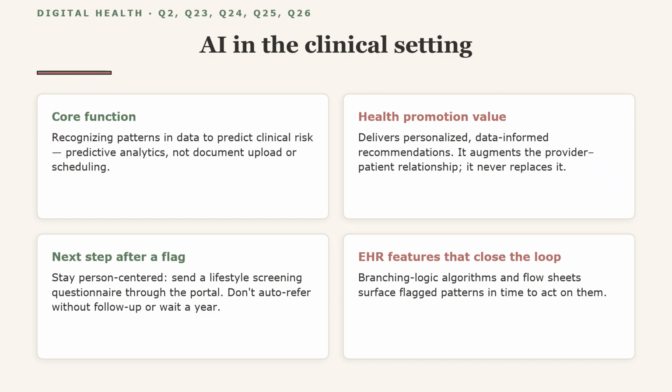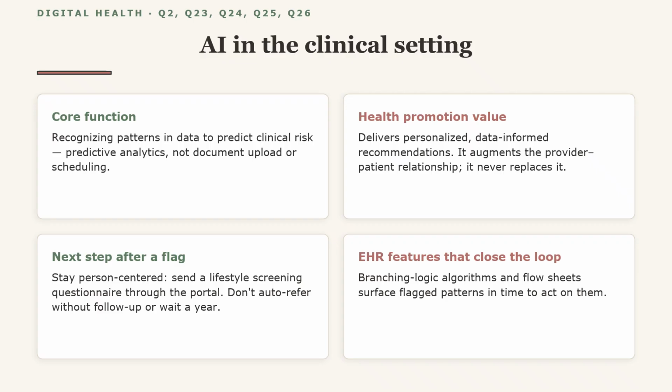Scheduling and manual documentation are administrative, and providing physical therapy is a hands-on service that AI cannot deliver. Okay, AI enhances promotion by offering personalized, data-informed recommendations, but it doesn't replace the patient-provider relationship, delay intervention, or control patient behavior.